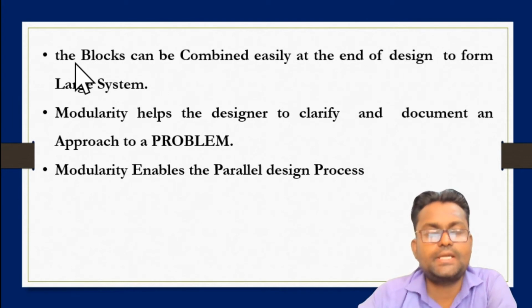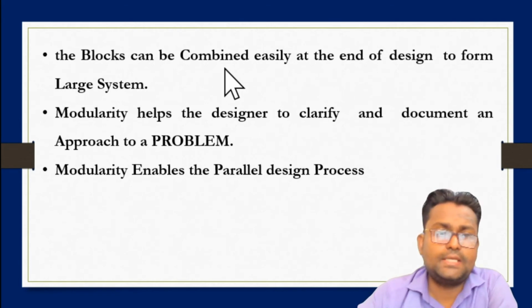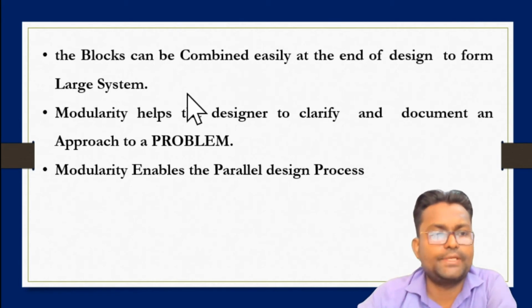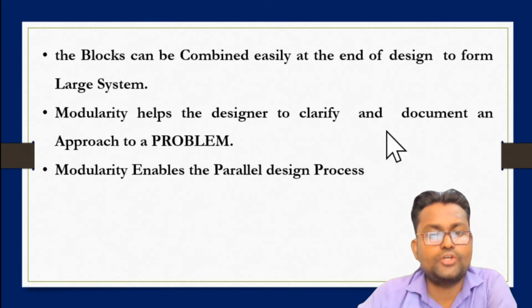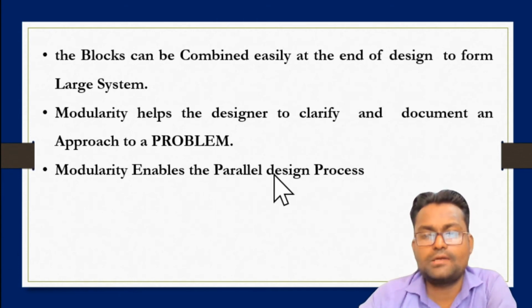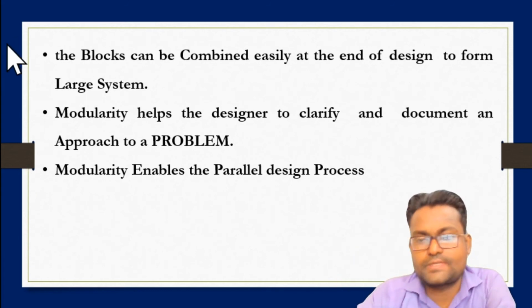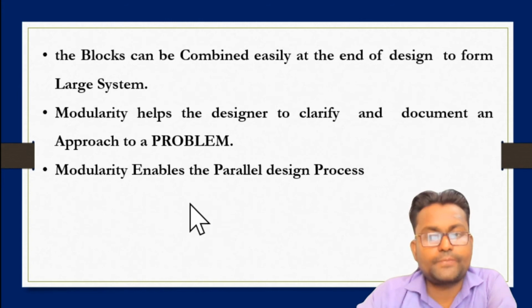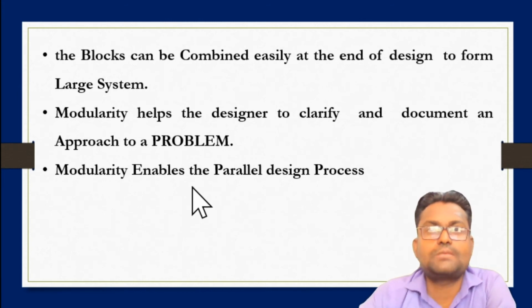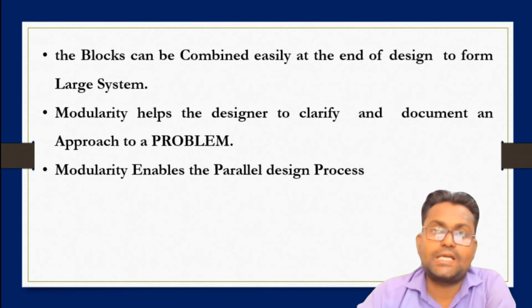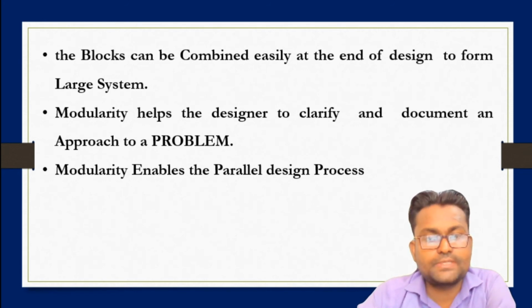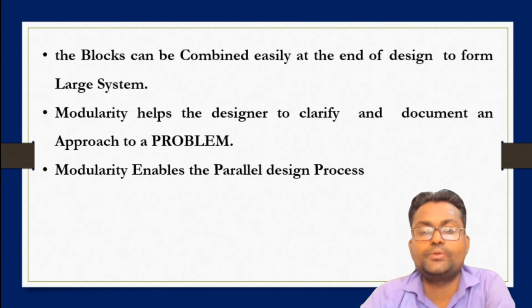If we implement each functional block individually, then we can easily combine one block with another and complete the whole system. Modularity helps the designer to clarify the documentation and the approach to a problem. Modularity also enables the parallel design process. What is the meaning of this parallel design process? Any system is a combination of various functional blocks, so we can design each functional block individually and separately, and after the completion of each block, we can connect one block to another.